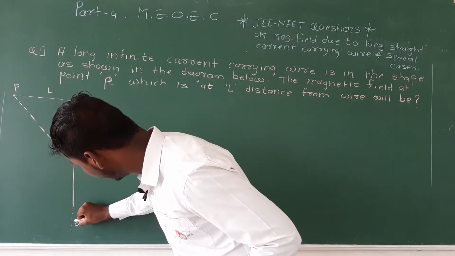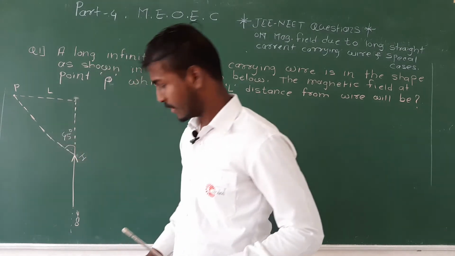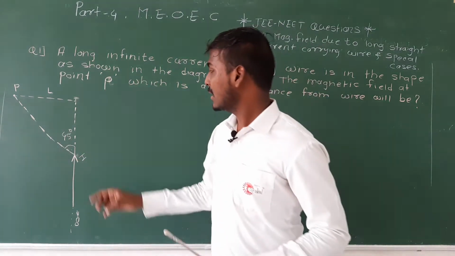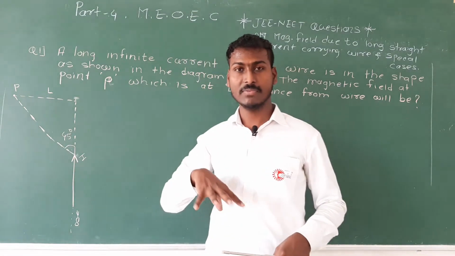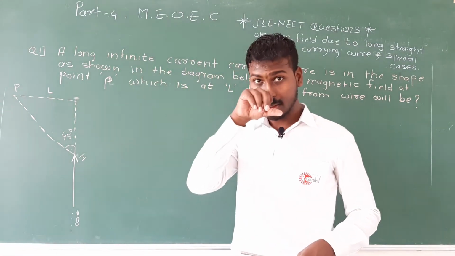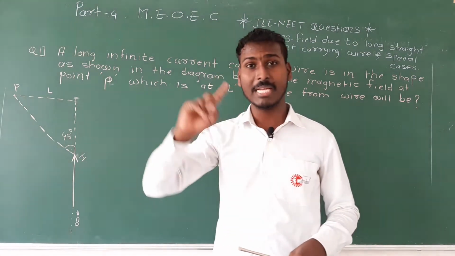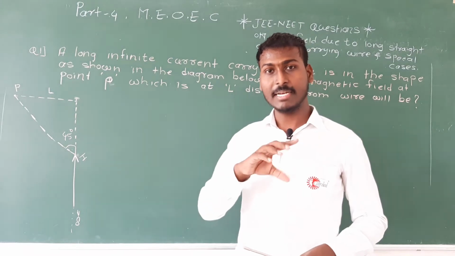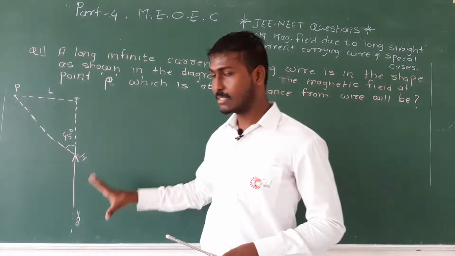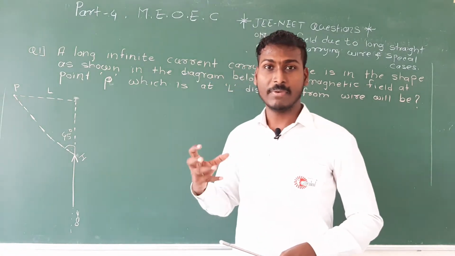Another end is known to us, so the case belongs to semi-infinite, but the angles are different, that's why we do not use that formula directly. If they had given us the angle as it is, then you can use it, but here the angles are different. So first of all we have to find the angles.